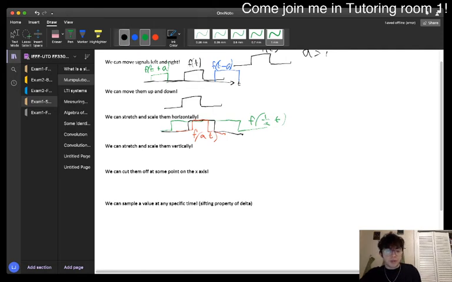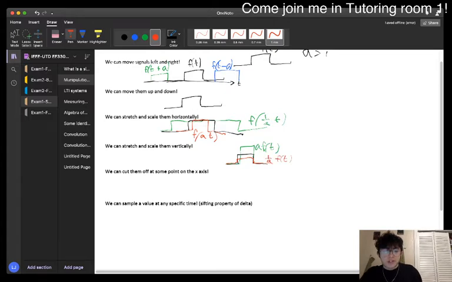So if we have our signal, then we can go up by a times f of t, and shrinking it down, in red, is going to be 1 over a times f of t.